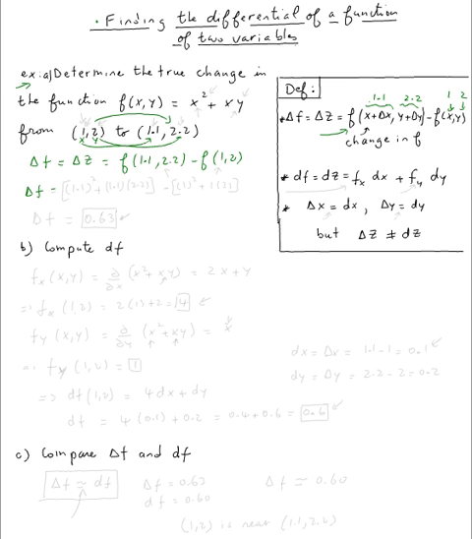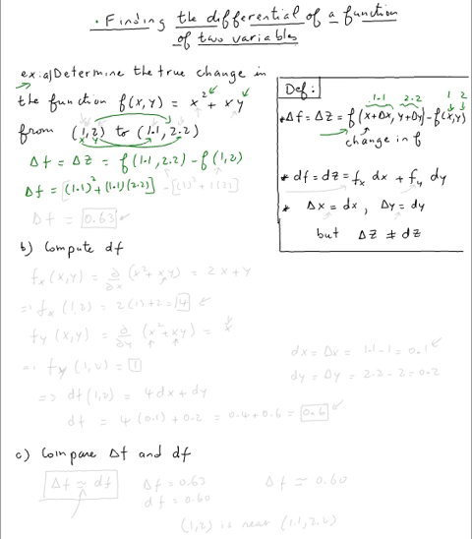So delta f or delta z is equal to, how do we calculate f(1.1, 2.2)? Just plug the x here and the y there. So that would be 1.1 squared plus 1.1 times 2.2.